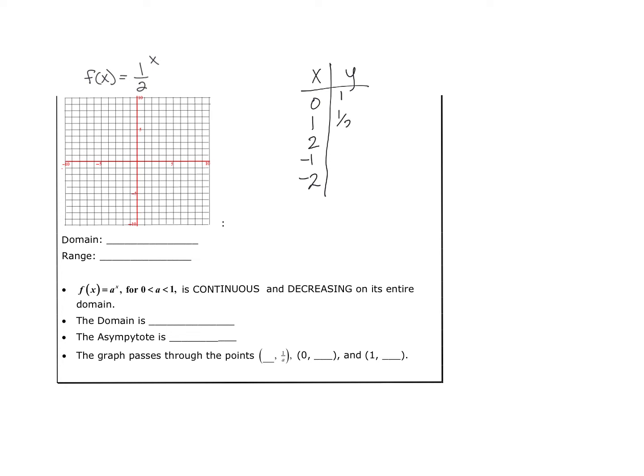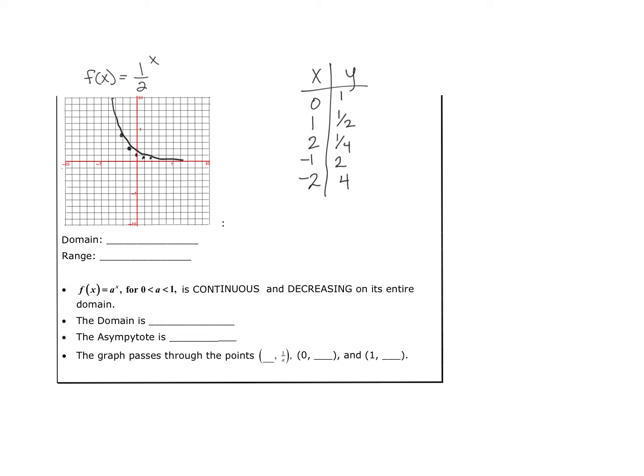We'll get 1/2, 1/4, 2, and 4. And we graph this one. So negative 2, 4, negative 1, 2, 2, 1/4, 1, 1/2, and 0, 1.